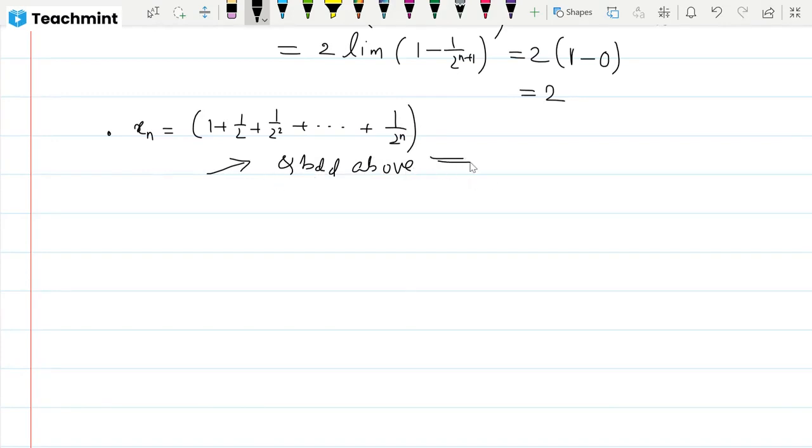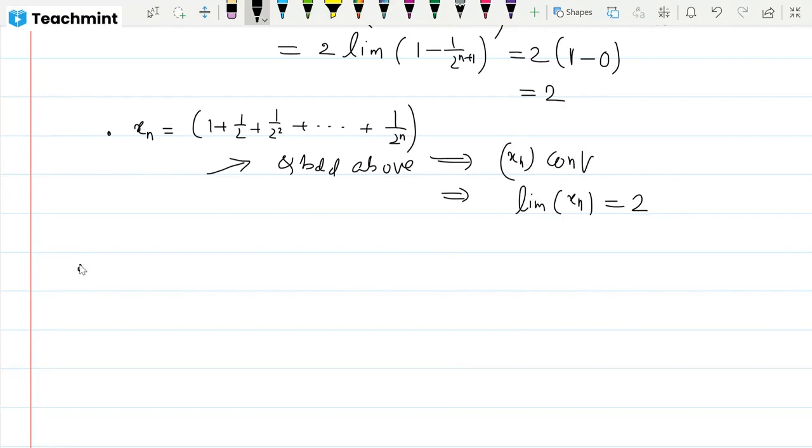So this implies xn converges, and the limit of the sequence is 2.